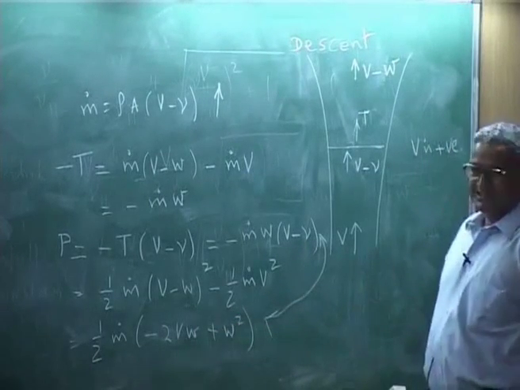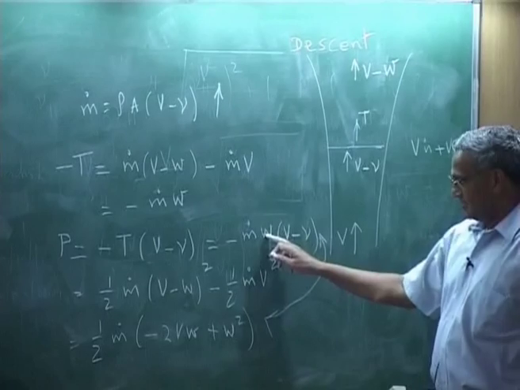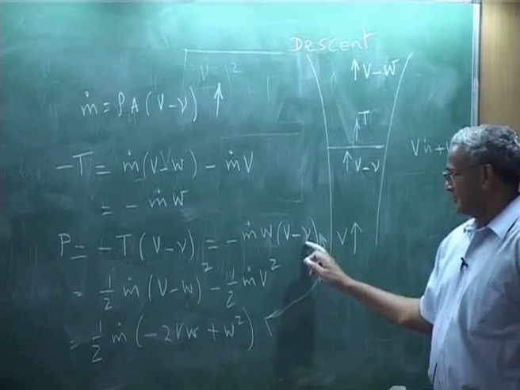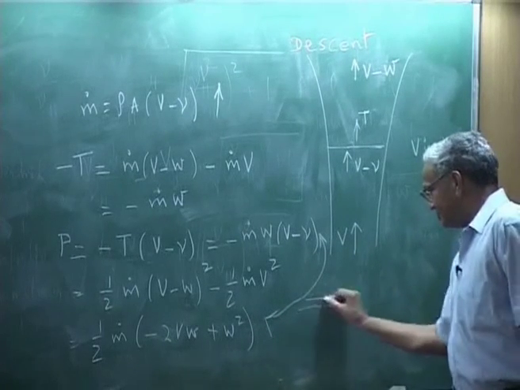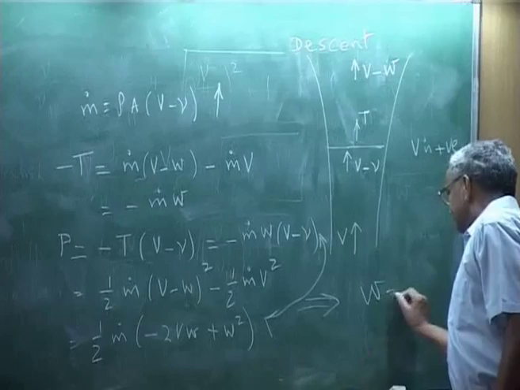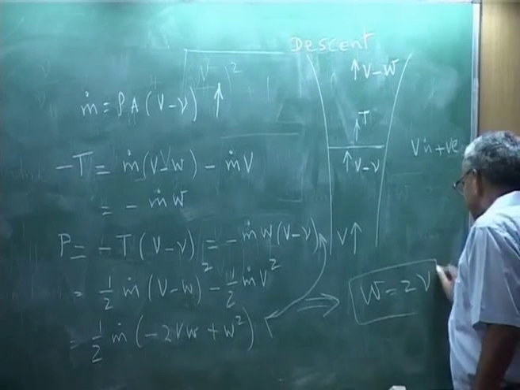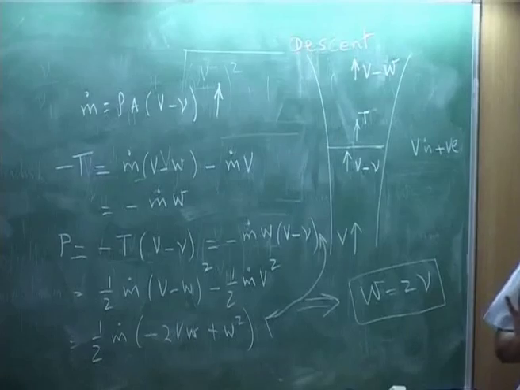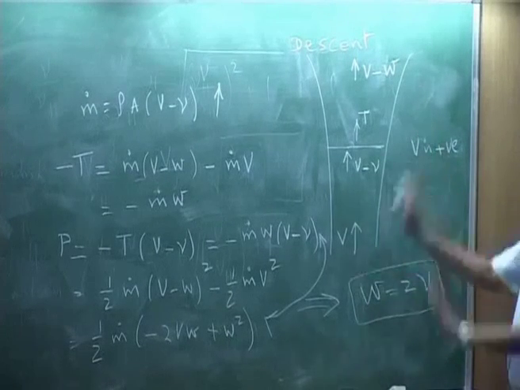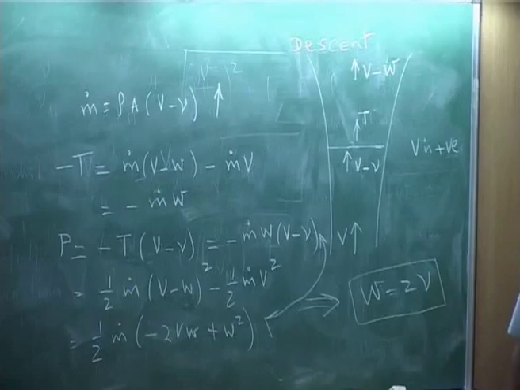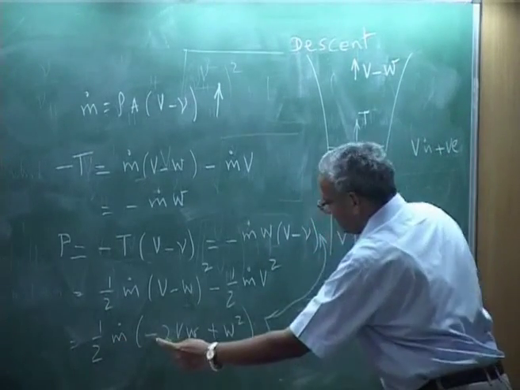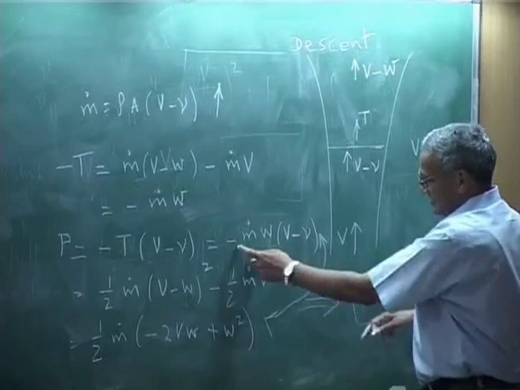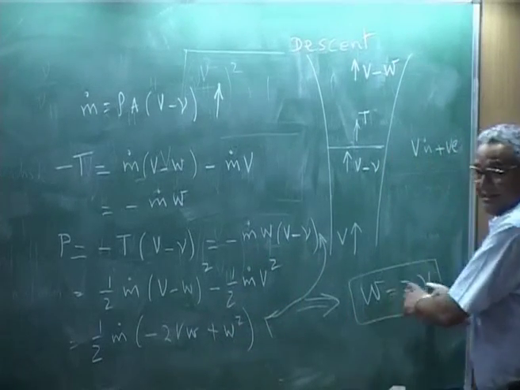You will again find, because this is plus m dot W, m dot W V terms cancel, and you will get W is 2 nu. You follow? Again it will give the same condition, because you equate, this is minus, minus, both will cancel out, and this is plus, this is also plus, you will get W is 2 nu.